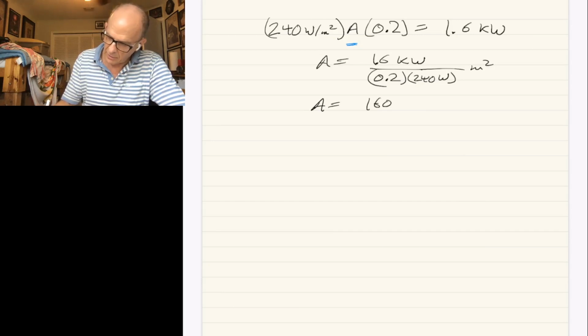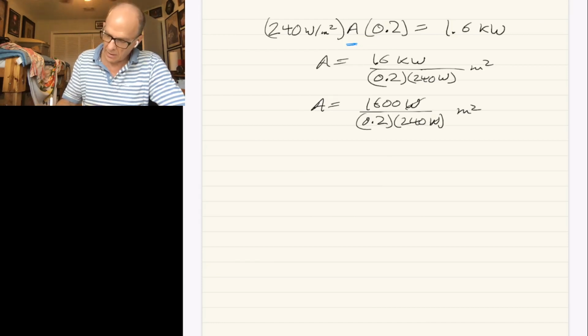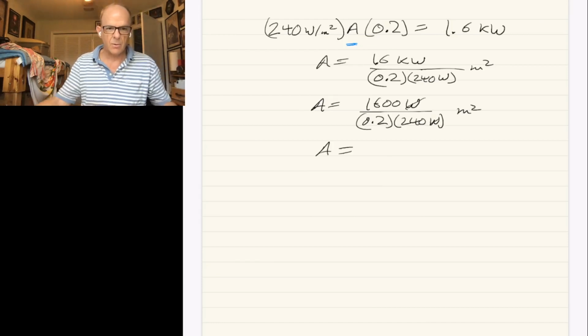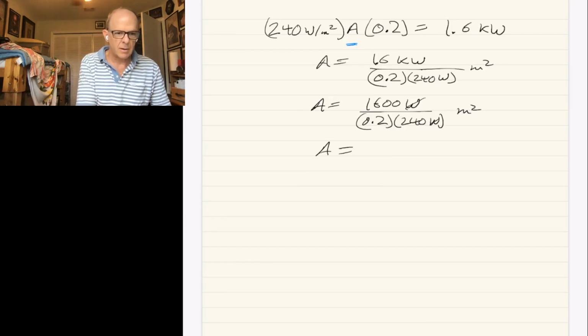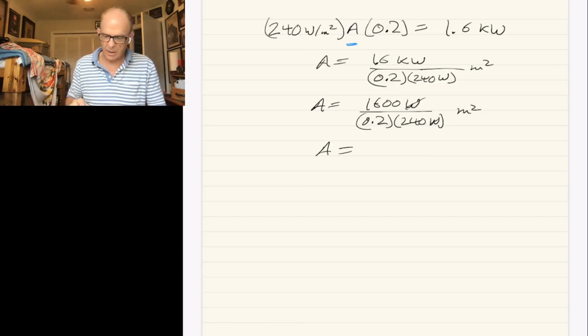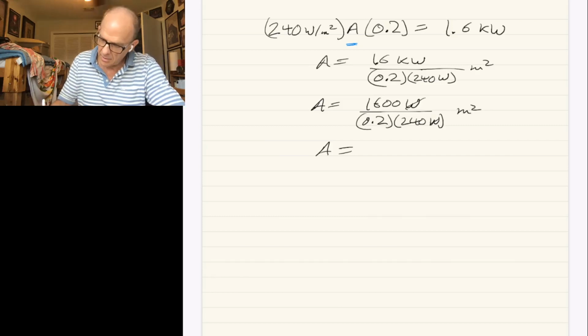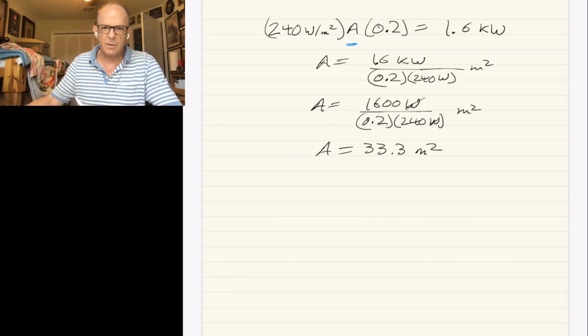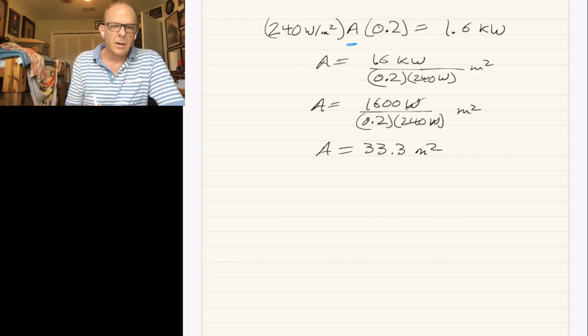That's 1,600 watts divided by 0.2 and 240 watts per meter squared, and the watts cancel. And then I have my answer, which is 1,600 divided by 0.2 divided by 240, and I get 33.3 square meters.